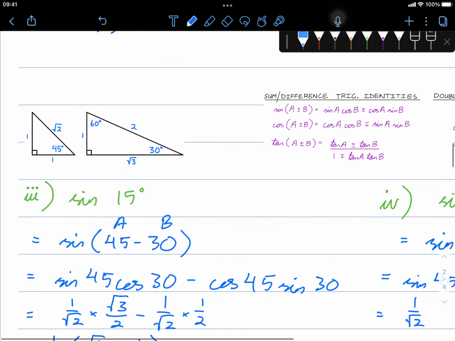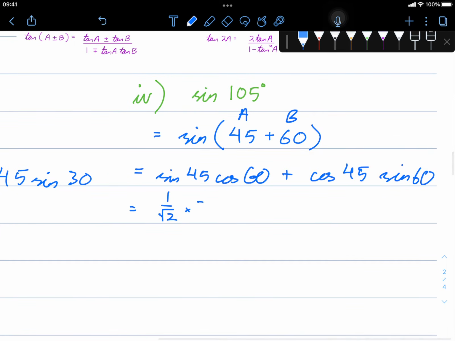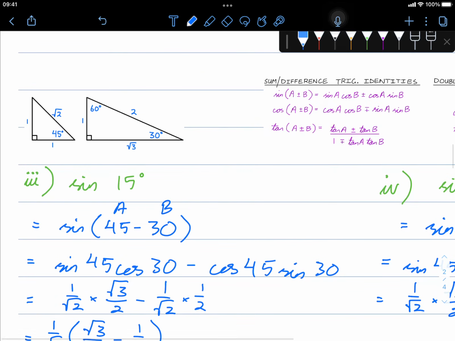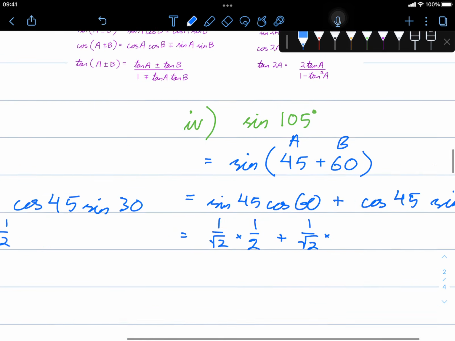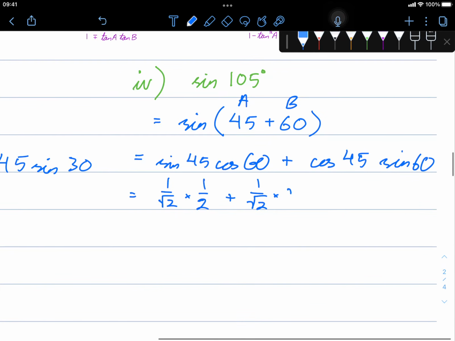Cos 60 is root 3 on 2. Cos 45 is 1 over root 2. And sine 60 is root 3 on 2. But cos 60 should have been half, and this should have been root 3 on 2.